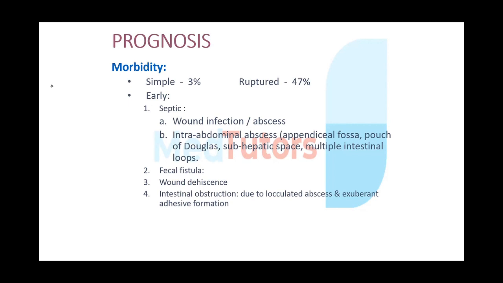They could have intra-abdominal abscesses. They could form fecal fistula, especially when there is associated typhlitis, when there is inflammation of the cecum. They could have wound dehiscence. They could have intestinal obstruction due to loculated abscess or exuberant adhesion formation.